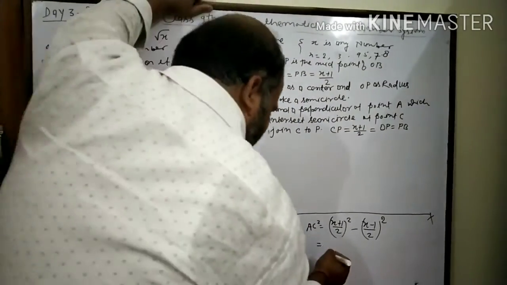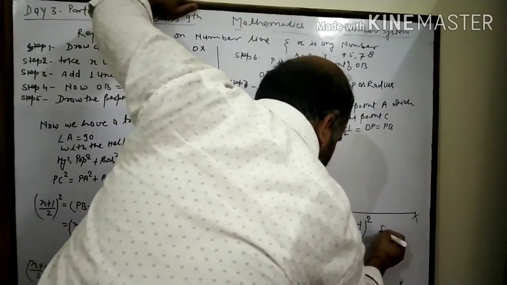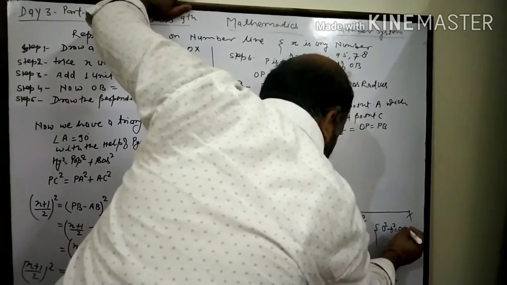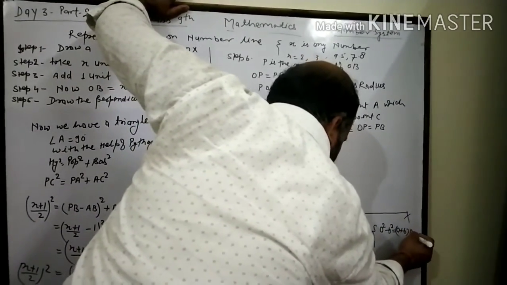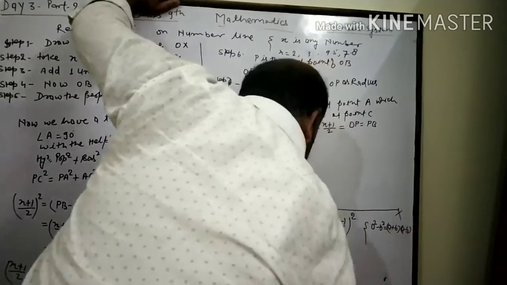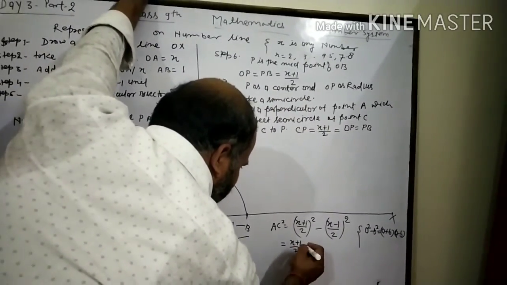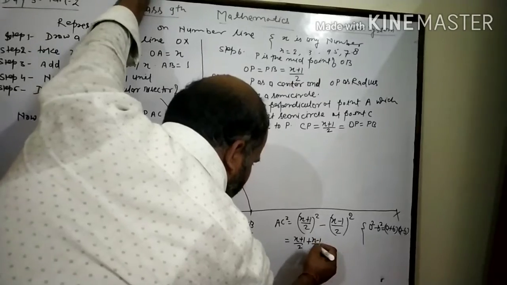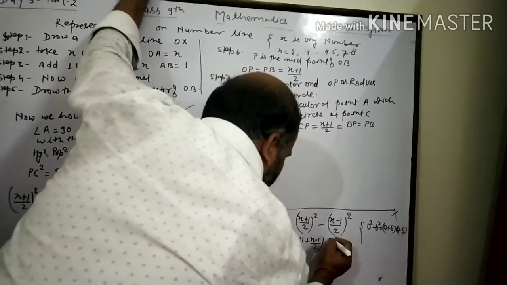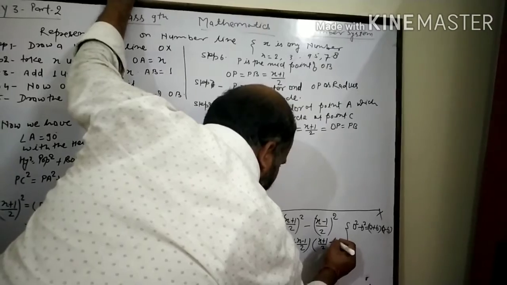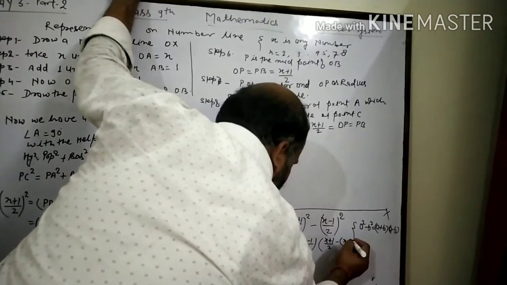What is the formula? A square minus B square is equal to A plus B and A minus B. Then x plus 1 by 2 plus x minus 1 by 2, and another bracket x plus 1 by 2 minus x minus 1 by 2.